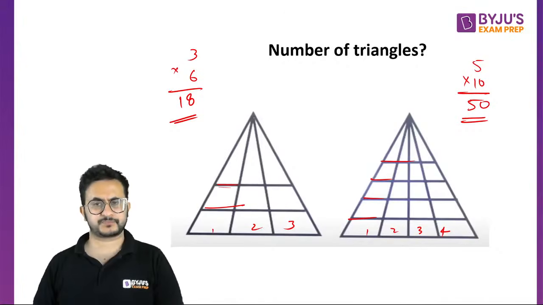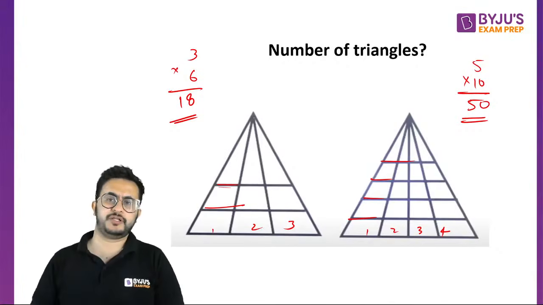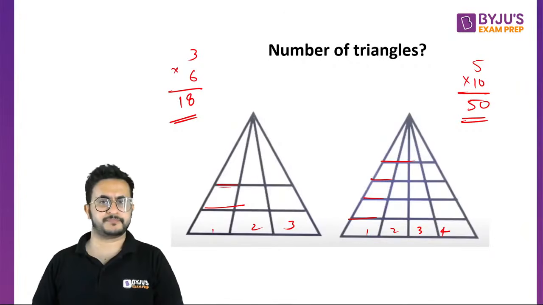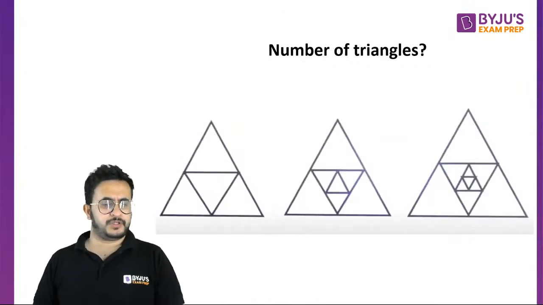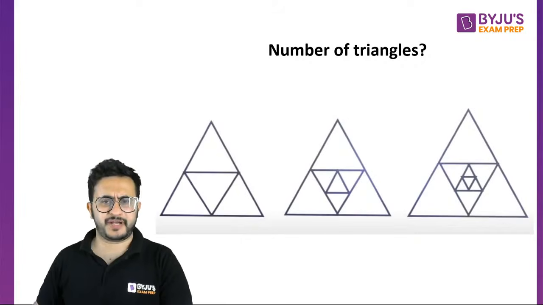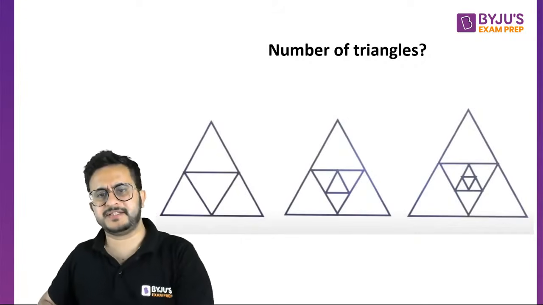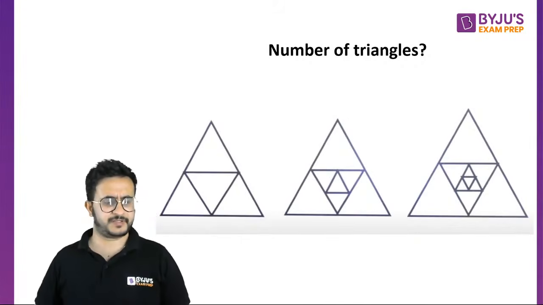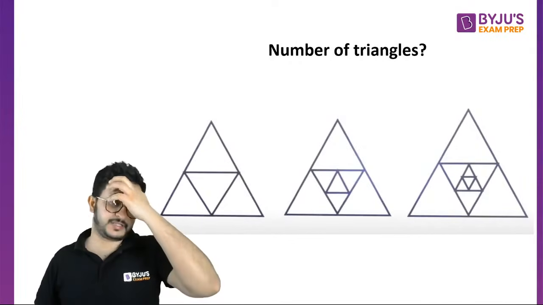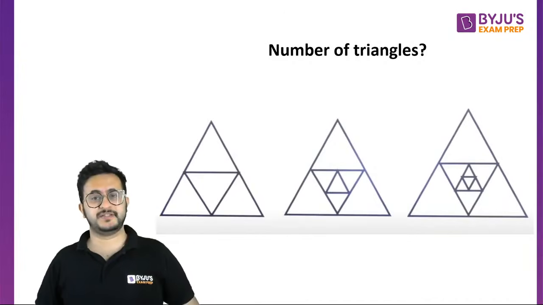Okay. So that was about drawing horizontal and vertical lines. Now let us see some more varieties. How do we find triangles in different kinds of shapes? Like this is another shape wherein there is a triangle inside a triangle. How many triangles are there in these figures?